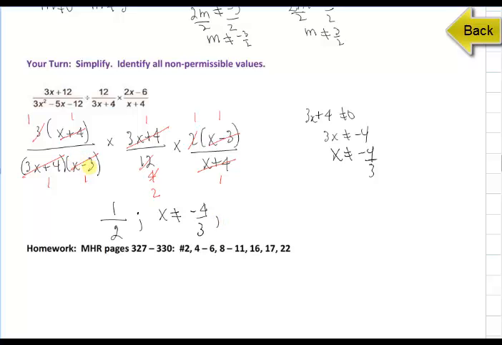For this denominator here, this x minus 3, this factor, you should have 3. And then remember, we have to include this denominator, right? So 3x plus 4, which we've already done over here, so we don't have to repeat that. And then this x plus 4, which will give us a non-permissible value of negative 4, and that concludes this question. And that also concludes 6.2.